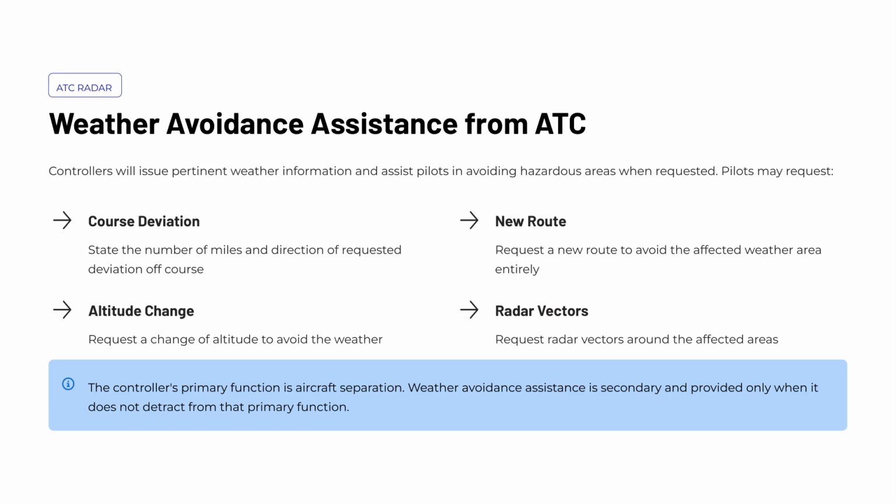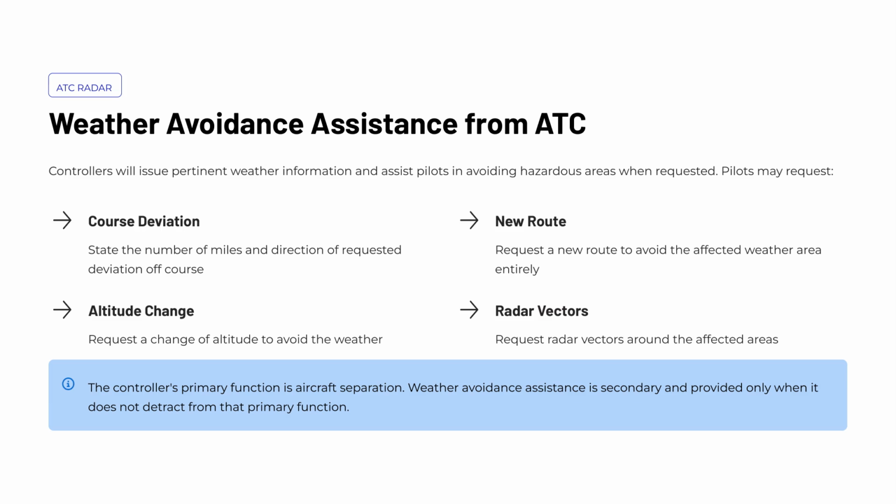Simply state the number of miles and the direction you need to deviate from your current course. Second, you can request an entirely new route that avoids the affected weather area altogether. Third, if the weather is at your current altitude, you can request an altitude change to find clearer conditions. Finally, you can request radar vectors, where the controller actively guides you around the affected areas using their radar picture.